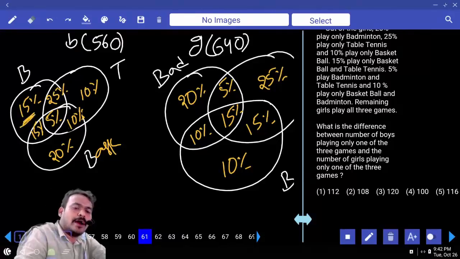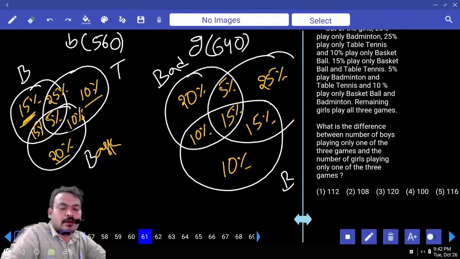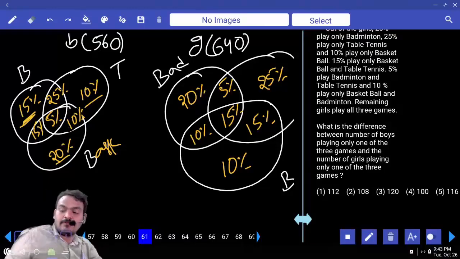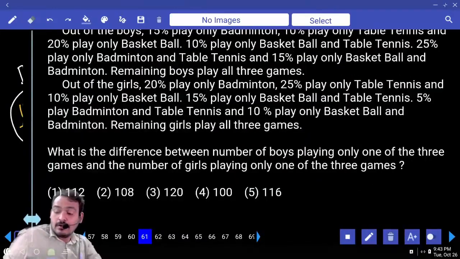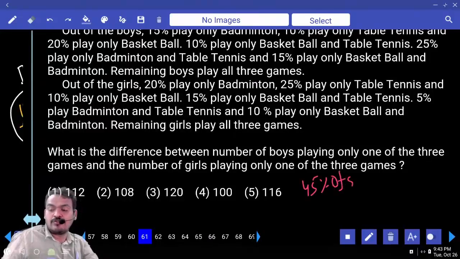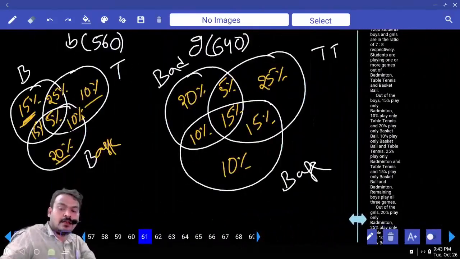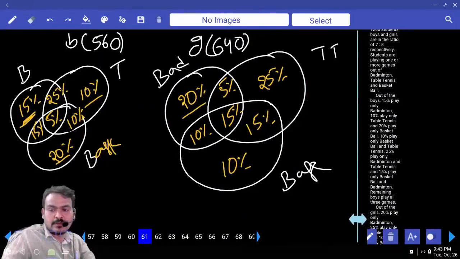In boys, only badminton is how much? 15. Only table tennis 10. Basketball 20. Total it will be 45%. 45% of which value? 560. Second one, in girls badminton is 20%, table tennis 25, basketball 10%.